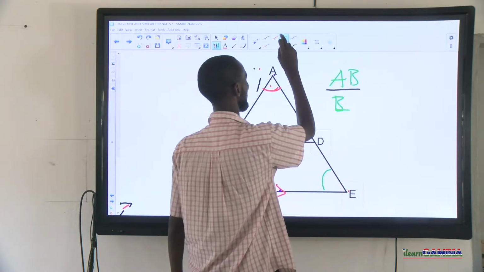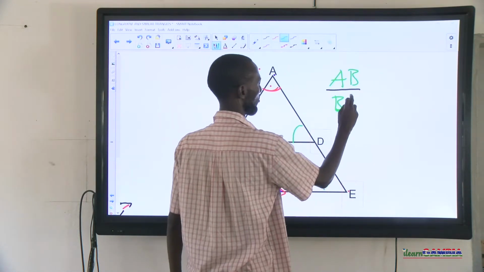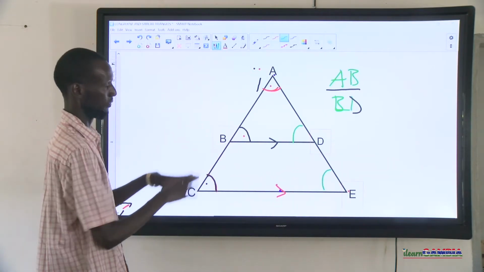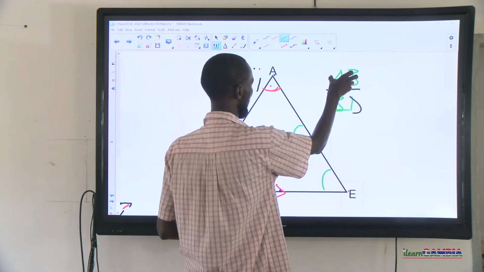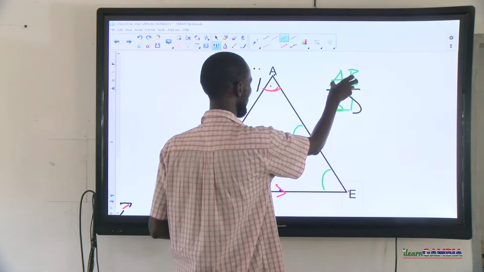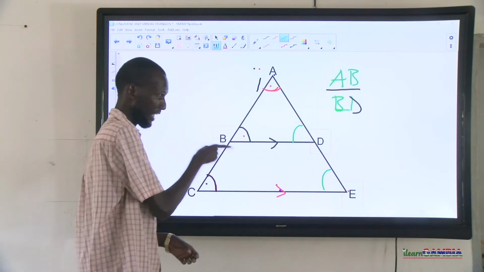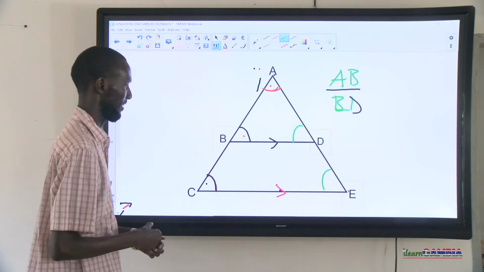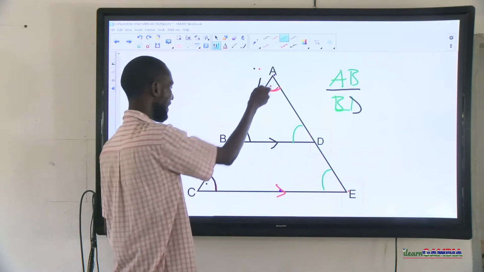Now I want to compare that to any other two sides of the bigger triangle. For AB here, AB was the side opposite the green angle of the smaller triangle. Now if you go to the green angle of the bigger triangle, that's triangle ACE, the side opposite the green angle of that one is AC.